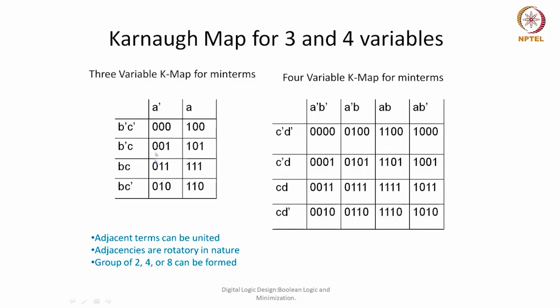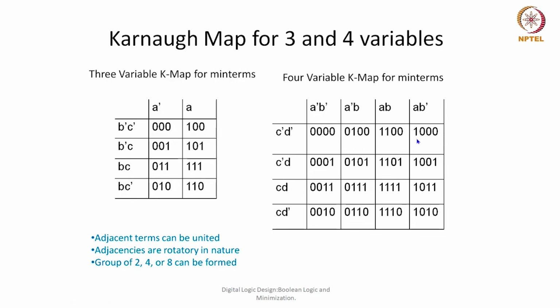But the last row and the first row, or the first column and the last column, can also be combined. So you see this first cell and this last cell, here also the difference of bit is only 1. So this cell is the last one, this is the first one. Here also the bit difference is only at 1 bit level. So it's kind of rotary in nature.